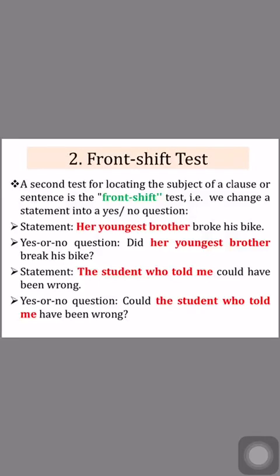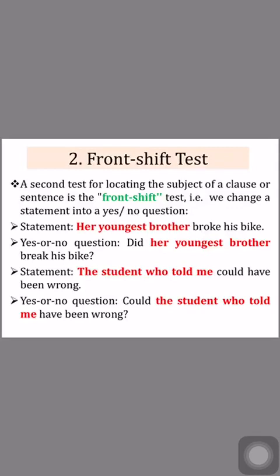So front shift means that there is a shift in the position of the subject. How is that? Usually in a statement, the sentence starts with the subject, followed by the verb and the complement. The same as when we say, her youngest brother broke his bike.